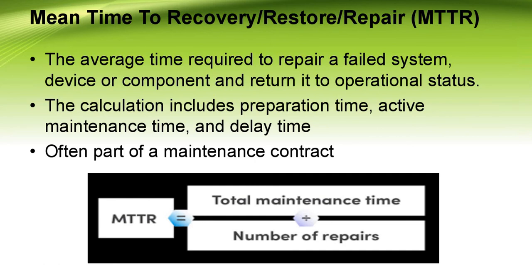The calculation includes preparation time, active maintenance time, and delay time. Because of the uncertainty of these factors, MTTR is often difficult to calculate. It is usually part of a maintenance contract, with the user paying more for a better system MTTR. Some systems have redundancy built in so that when one subsystem fails, another takes its place and keeps the whole system running to reduce the MTTR.